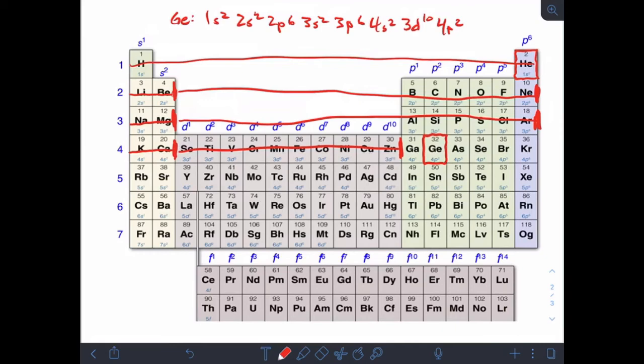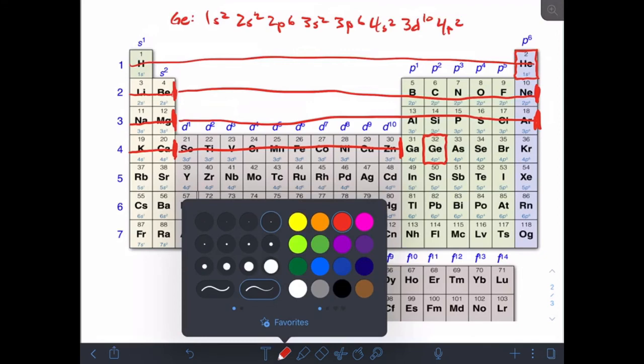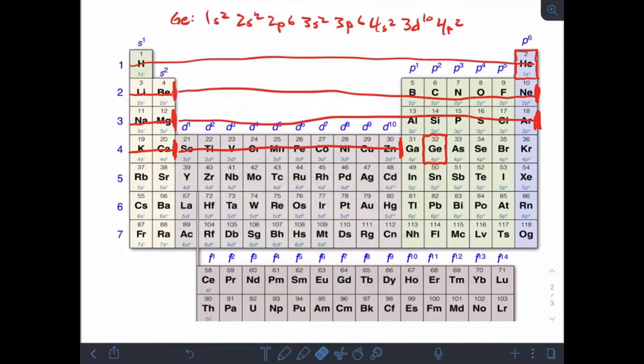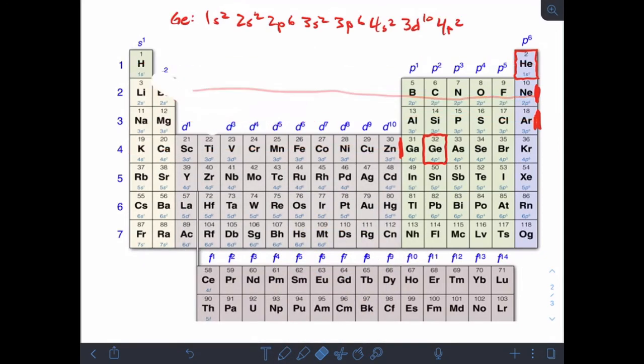All right, so as you can see, as we get farther and farther down the table, things get longer and longer and longer, right? So thankfully, we have an easier way to write these. It's a condensed version, sort of like a shorthand. So let's think about what we have written here with germanium.